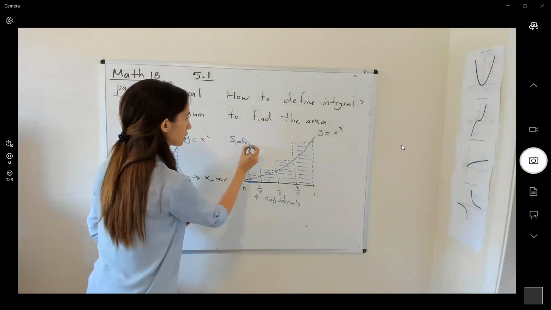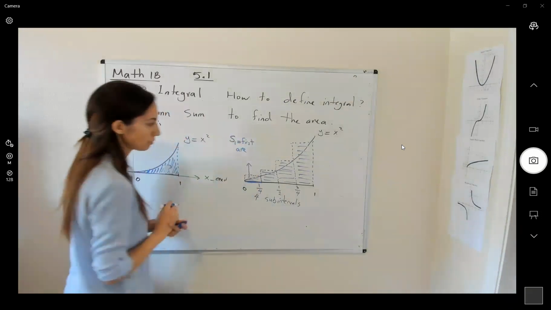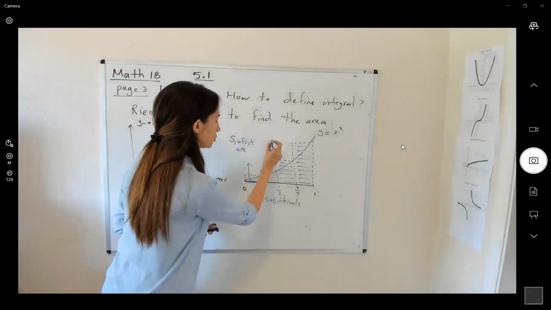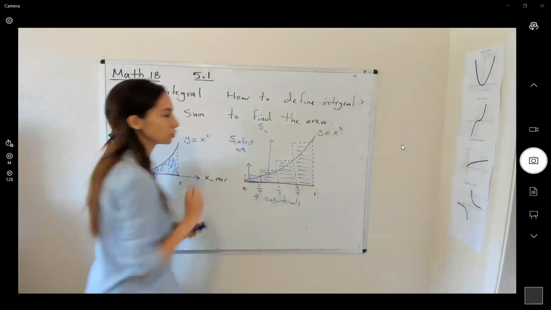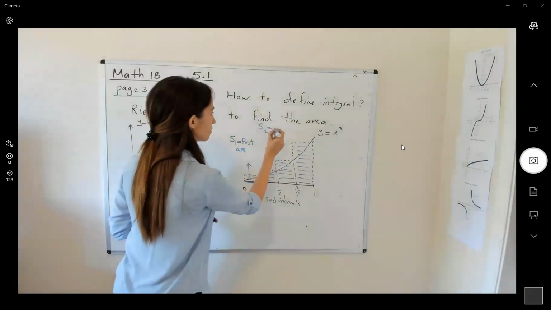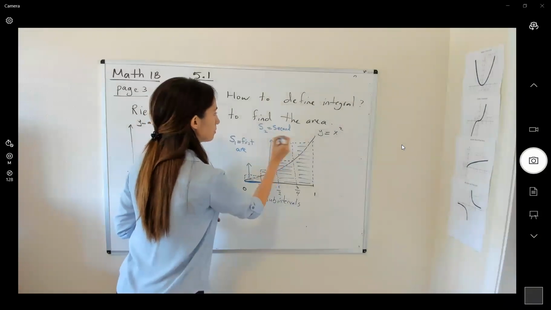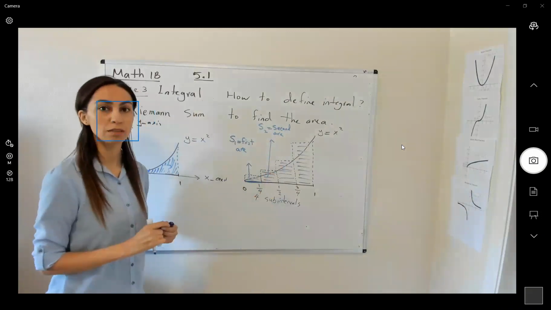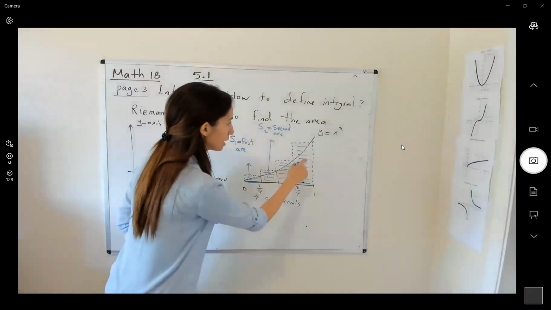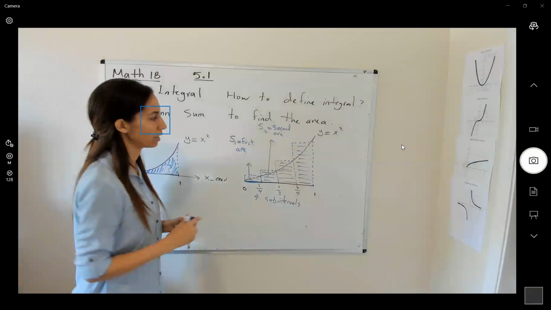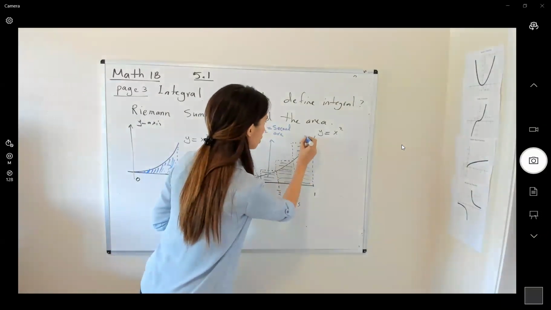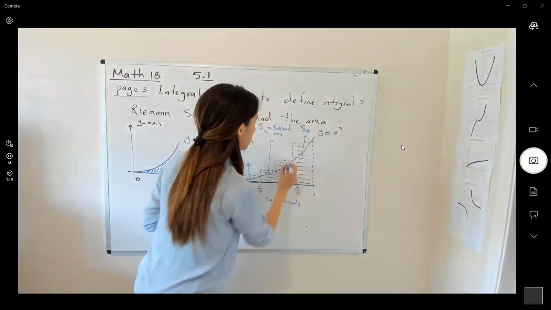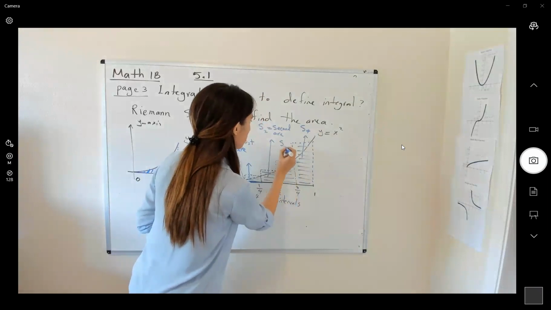This is my S2, S sub 2, the second area. Then I have my S sub 3, the third area, and S sub 4, the fourth area. So this is my S sub 4, and this is my S sub 3.